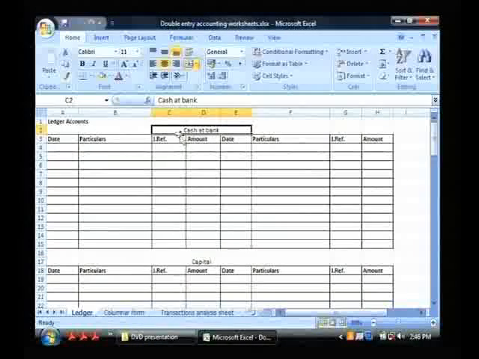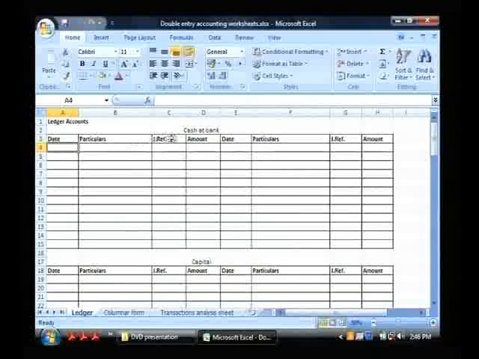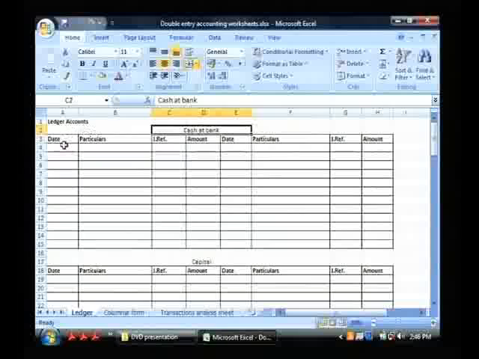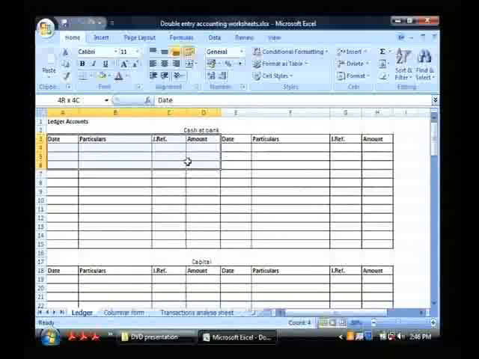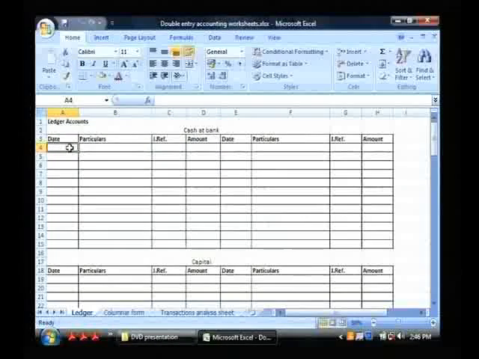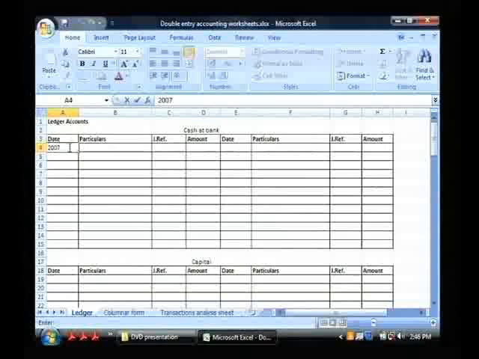This is the tradition. And the date: the first transaction, the double entries are cash at bank debit and capital credit. Cash at bank debit means making an entry in the debit side of the account. First write the date: the year 2007, month June, write June here, and the date is the first.